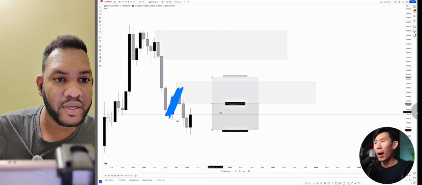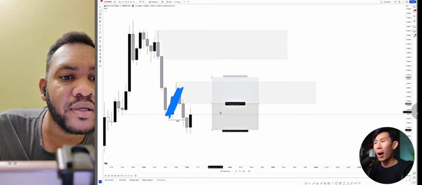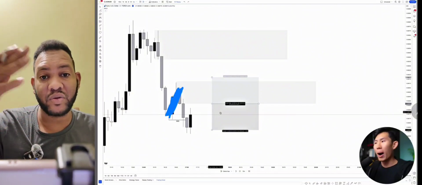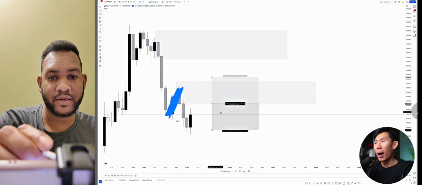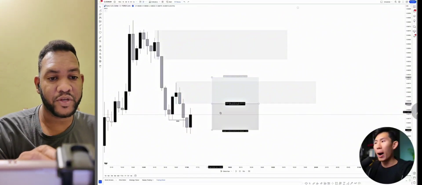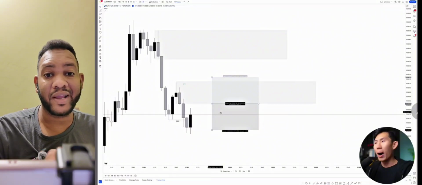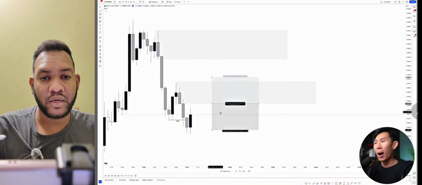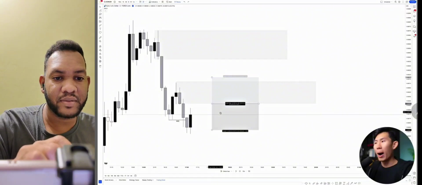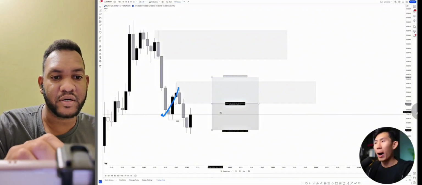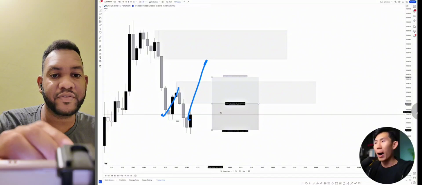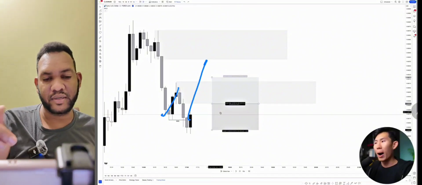So for example, say it's the 1 hour chart, and since it's the 1 hour chart, when you go to the 4 hours, this is going to look like one candle, or it's not even going to look like a candle, right? So that means price has the potential of going to this area here for the first initial pullback.